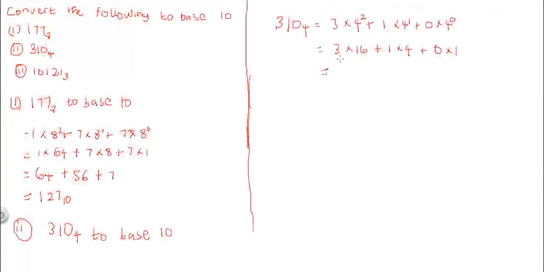So we now have 3 times 16, which is 48, plus 4 plus 0. Then 48 plus 4 is 52 plus 0, of course. So this means that 310 base 4 is equivalent to 52 base 10.